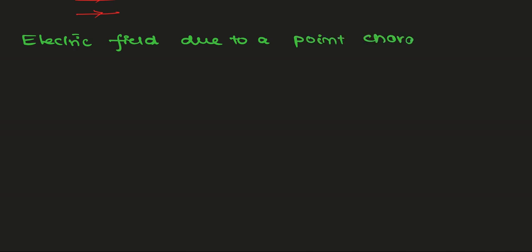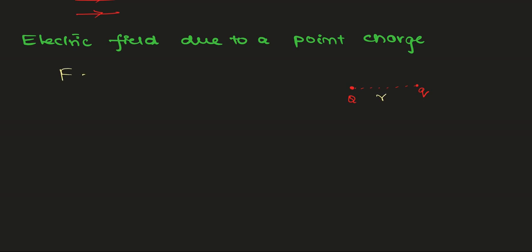So now we'll discuss electric field due to a point charge. Suppose a charge q is there, and at a distance from this charge another small test charge is placed, and this distance is given as r.